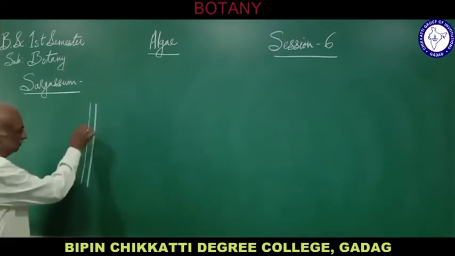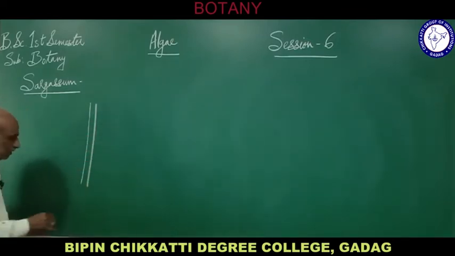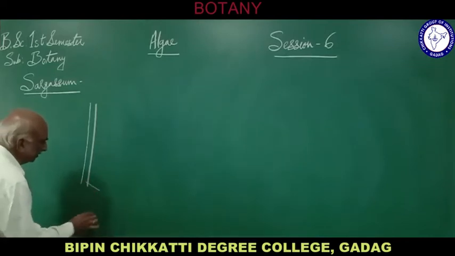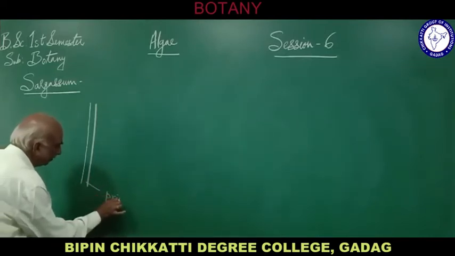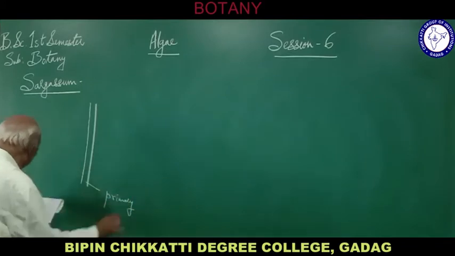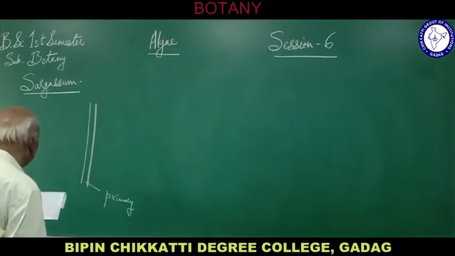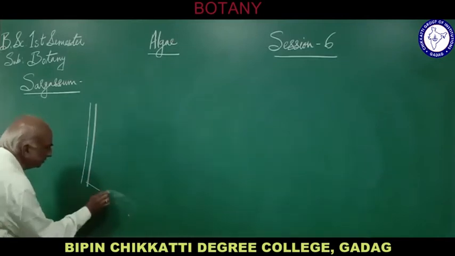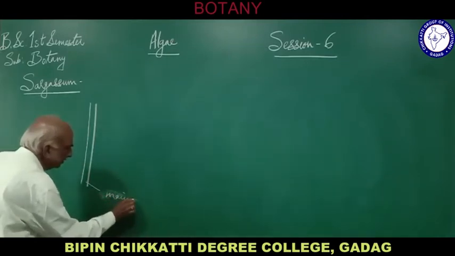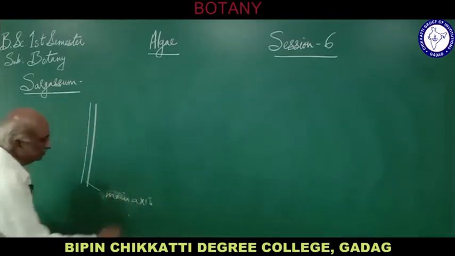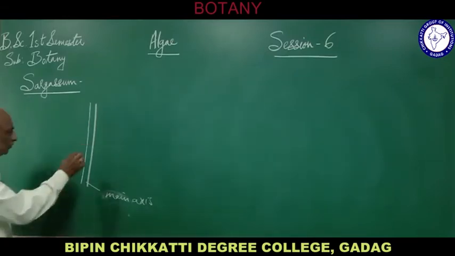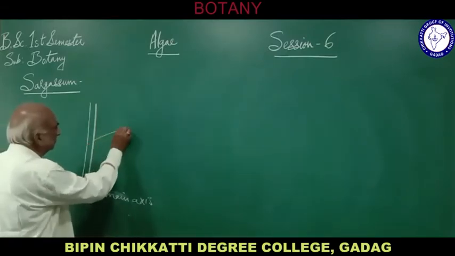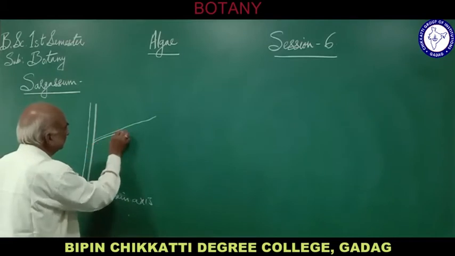This main axis, which gets attached, is the main axis which gives rise to various types of branches like this.